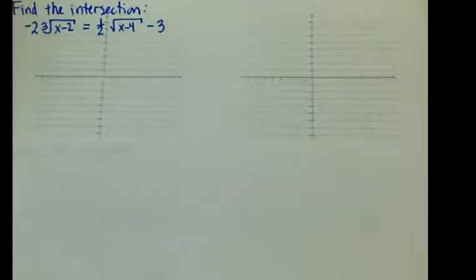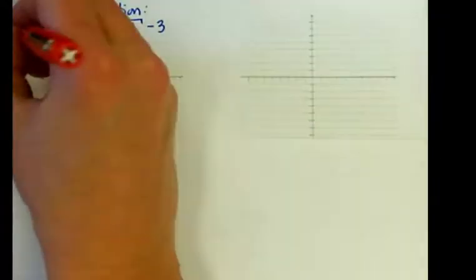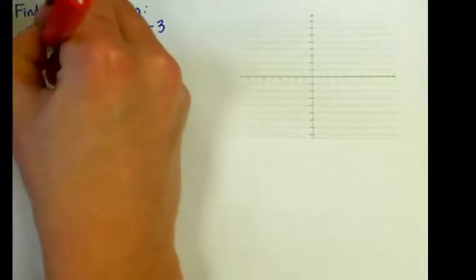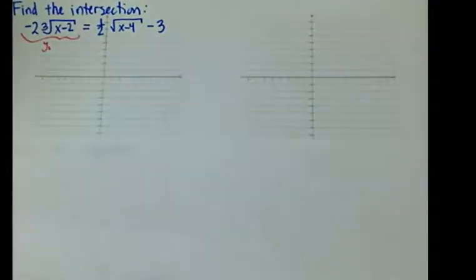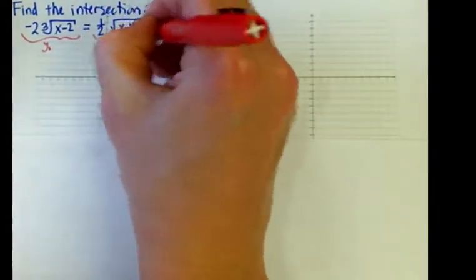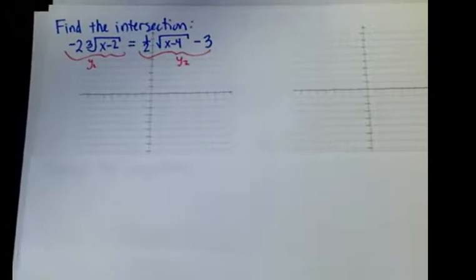Find the intersection. So the way you do that is we're going to consider the left side to be y1, right? Graph the left side as is. Graph the right side as is. Right? 2 separate functions. Just graph them on the same grid.